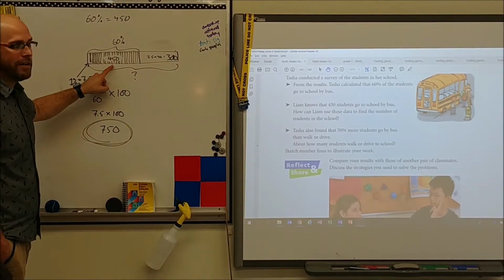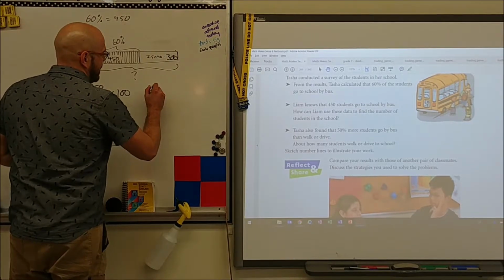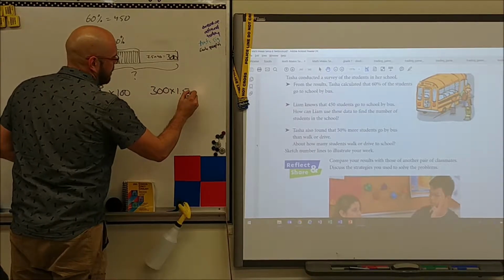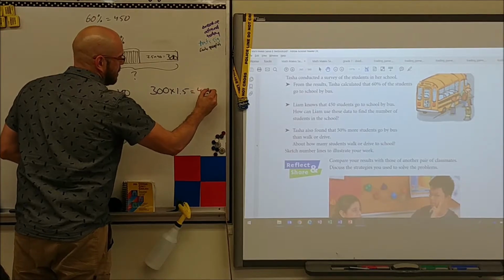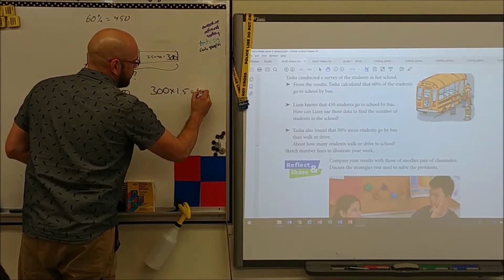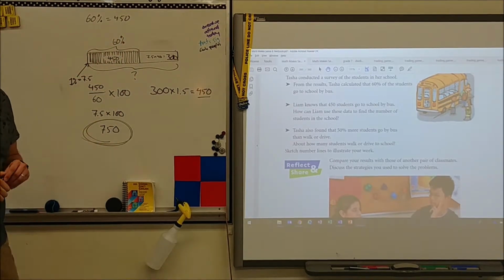Is there 150 more? Yes, there is. So she says, Tasha found out that 50% more than 300 is 450. And sure enough, there's 50% more kids riding the bus than walking or driving.